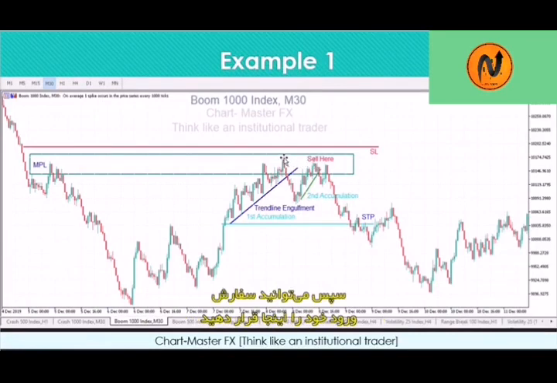Then you can place your trade here, and once you place your trade, you put your stop loss just above this new supply zone that we have. So to give room for your trade, you may put your stop loss above here. So this is the condition, guys, that I was explaining.